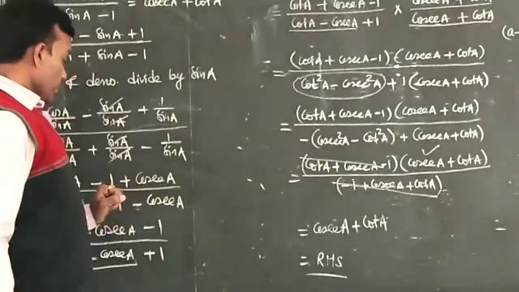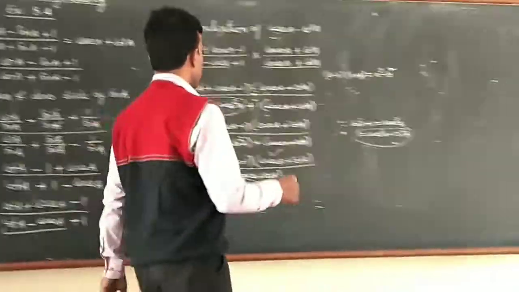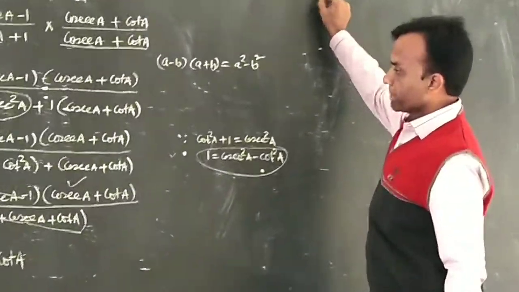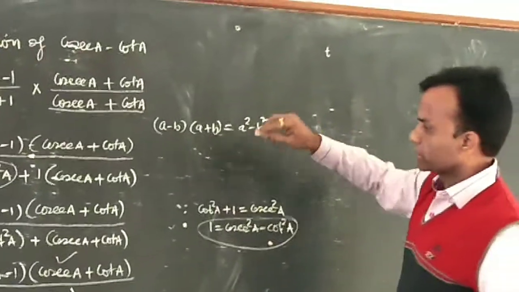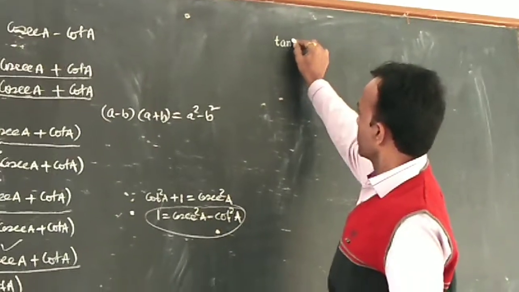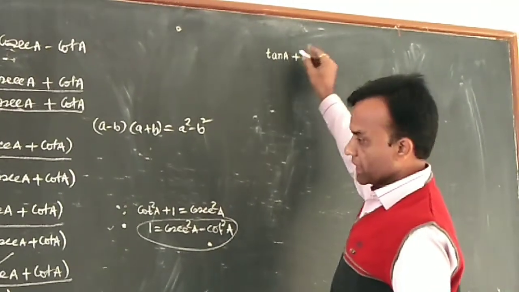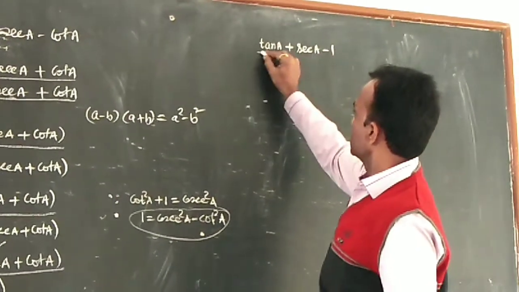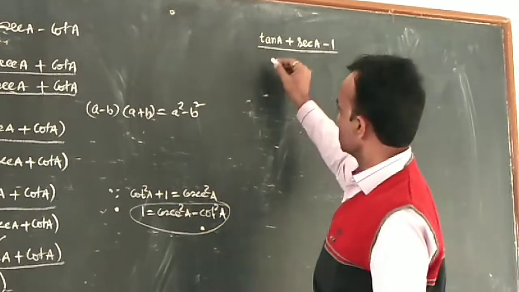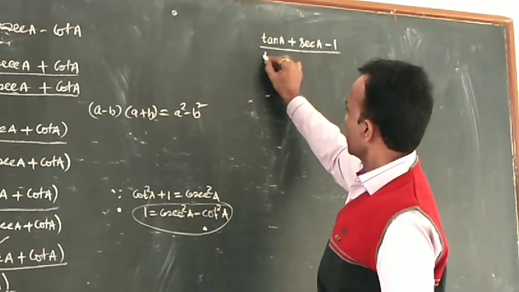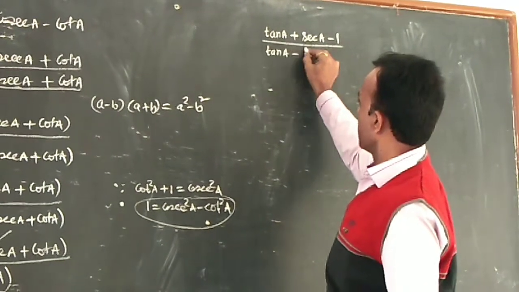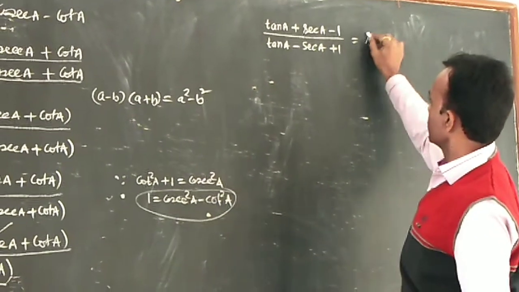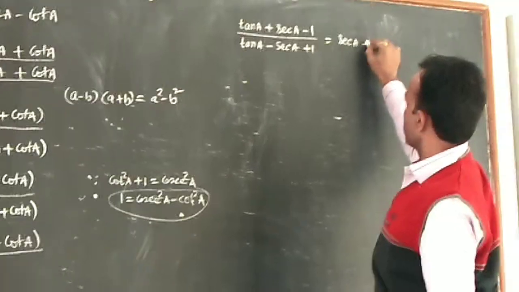Okay. Now the same question, you convert it to tan. Suppose you have tan a plus sec a minus 1 upon tan a minus sec a plus 1, which is equal to sec a plus tan a.